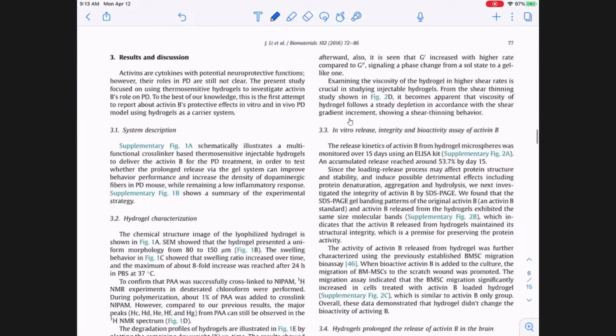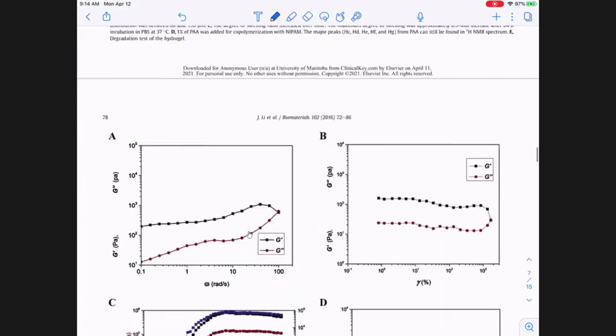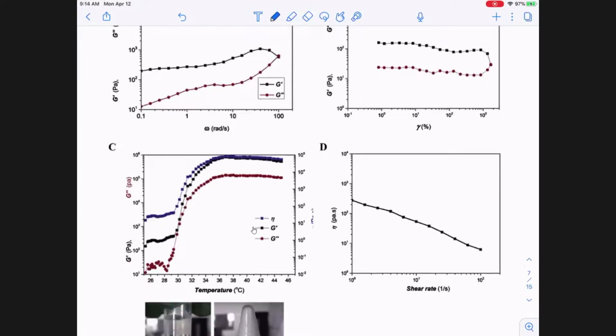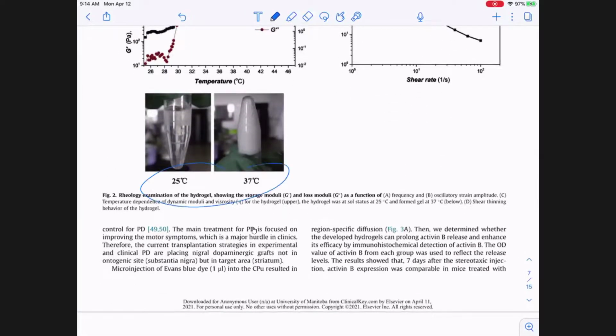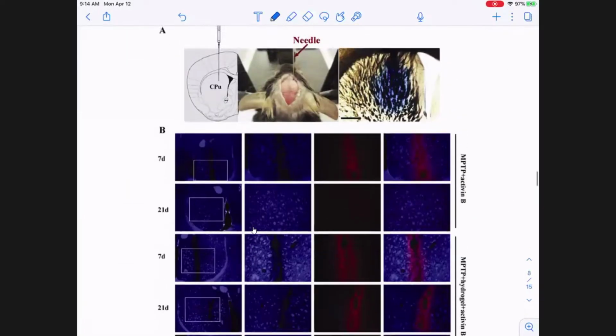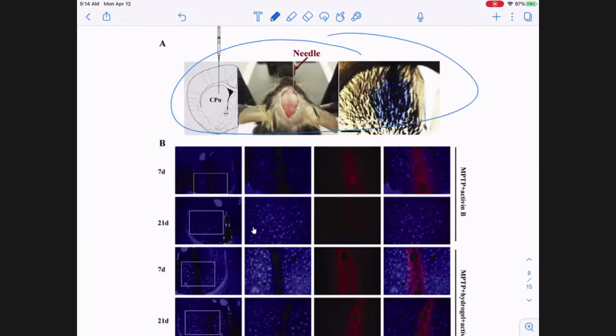So the results, like this one, that's a rheology test. That's the gel, because it's a temperature-sensitive gel. At room temperature, it's clear. In the picture, at 37 degrees, it cross-links and makes the gel, so it's non-transparent. And that's one. It's injected by needle into the body, into the brain, because that's for the Parkinson's disease model.